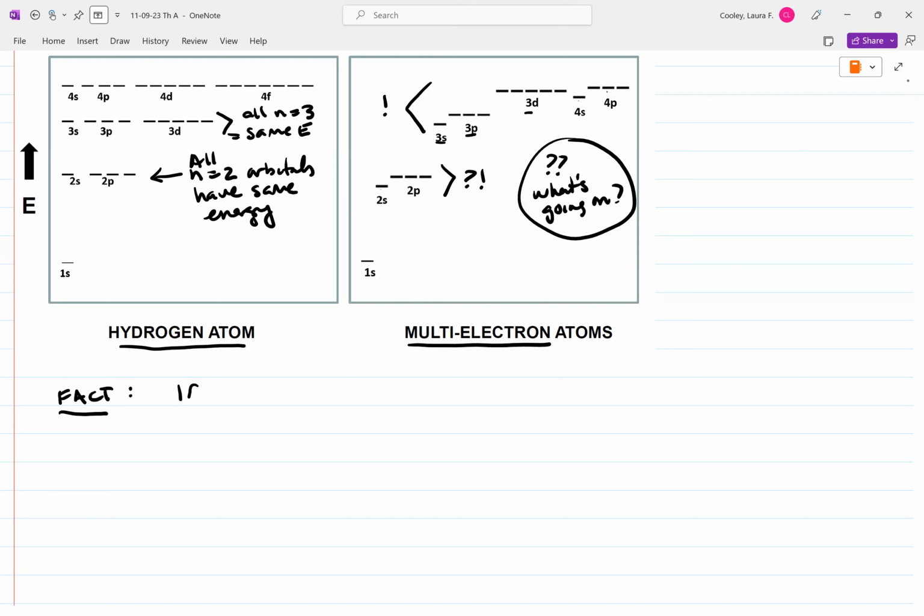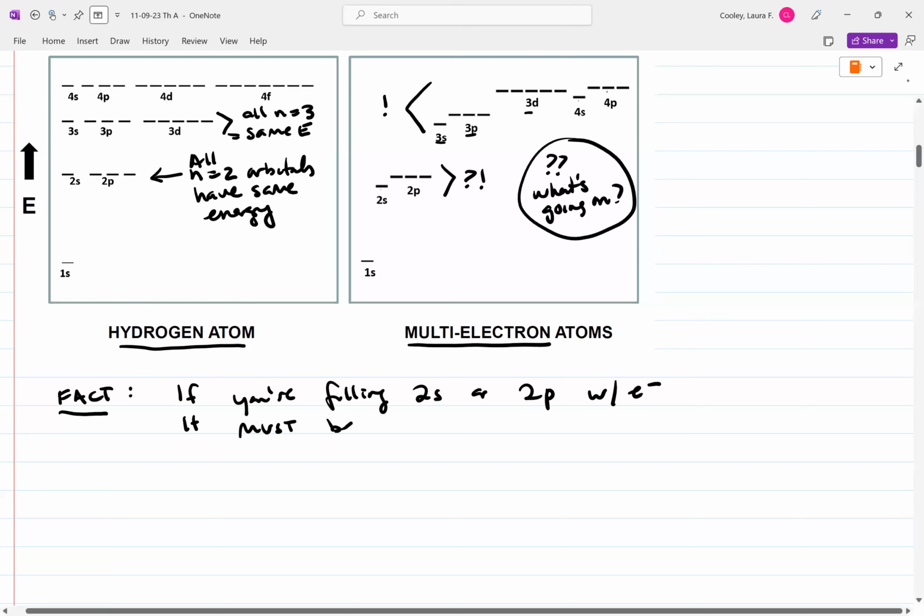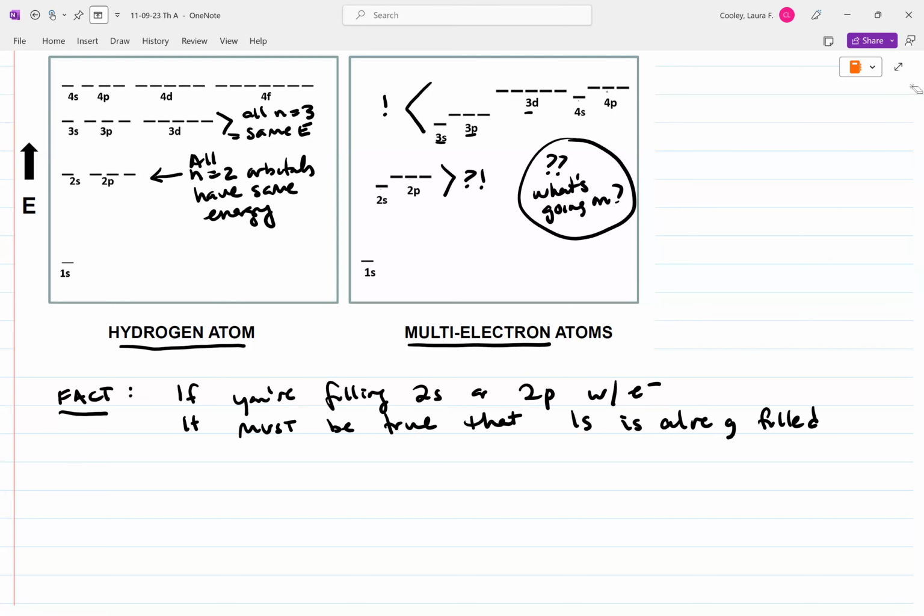So the fact is, if you're filling the 2s or the 2p with electrons, it must be true that the 1s is already filled, which I didn't spell right. And what happens is that the electrons already in the 1s orbital influence the energy of the 2s and the 2p.